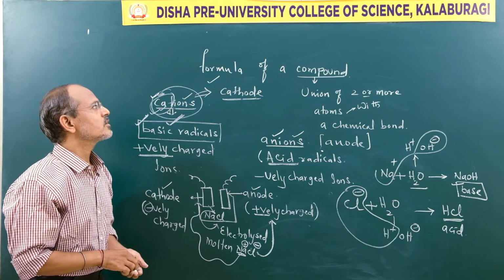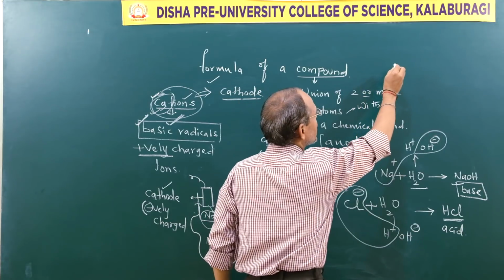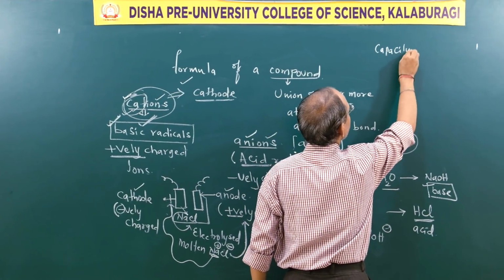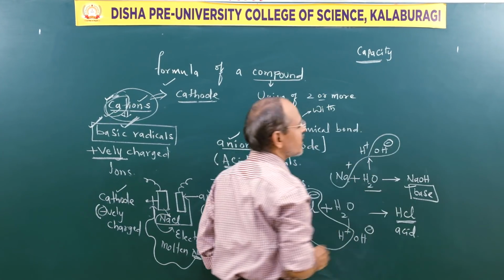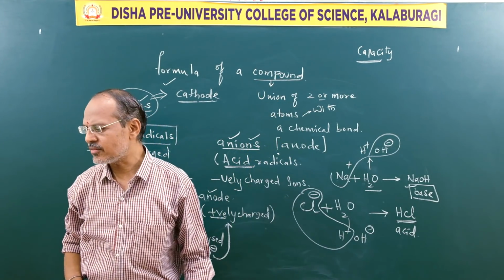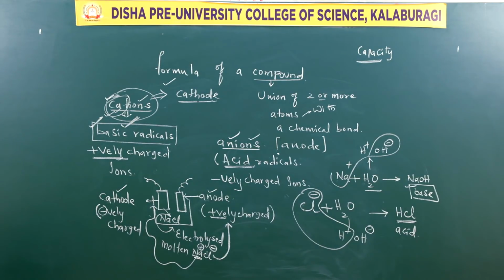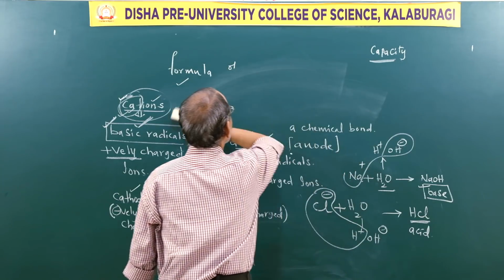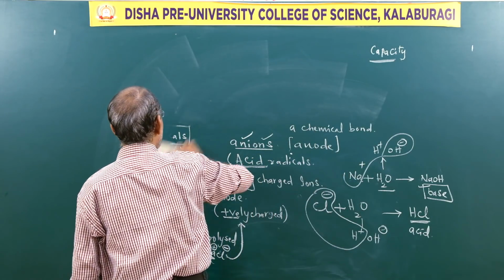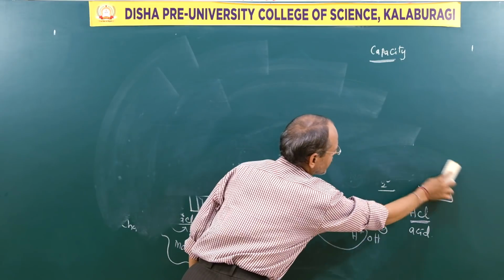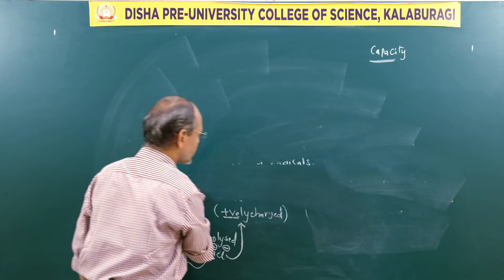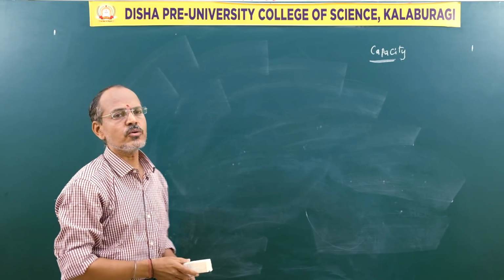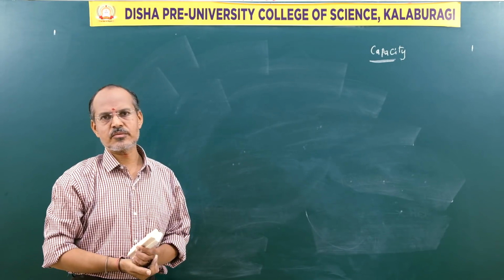Okay, now based on the capacity, cations as well as anions are further classified, further divided into several classes.